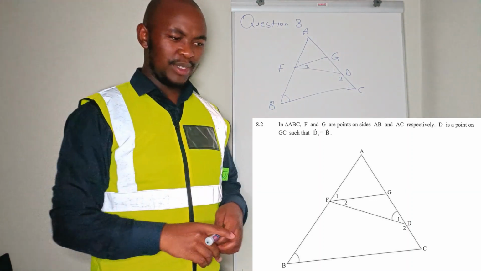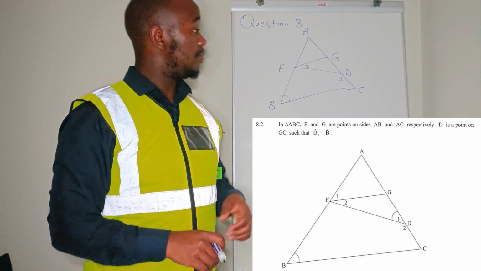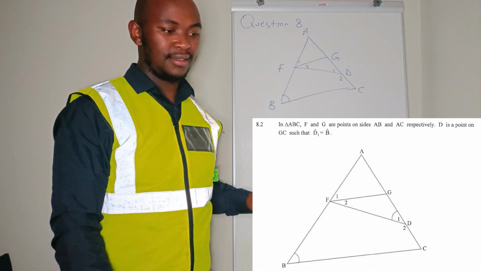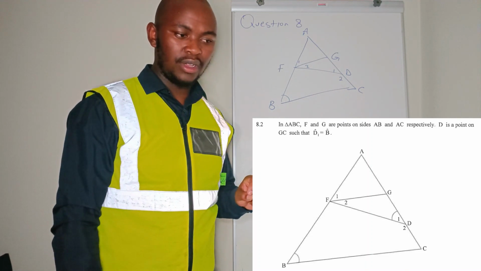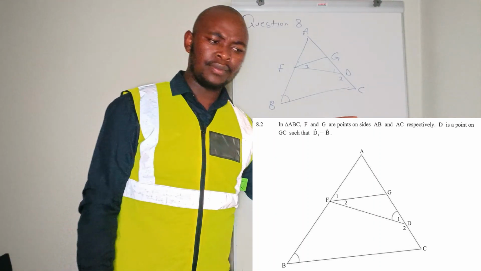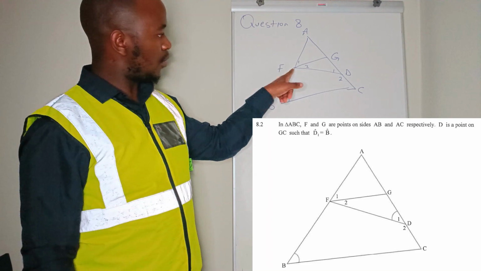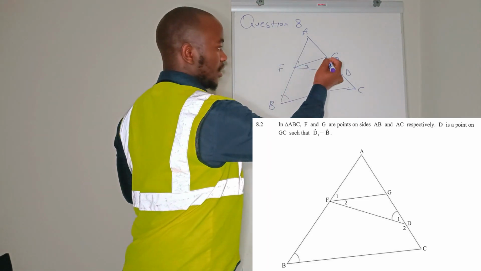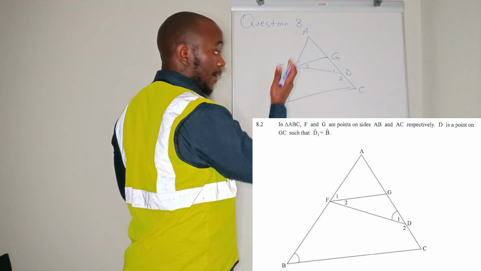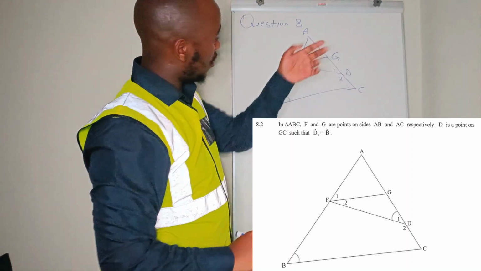All right, question 8.2. We are given a triangle ABC. And also F and G. F and G are points on sides AB and AC. So this line FG is connecting to a point that is along AB and is also connecting to the other point along AC.